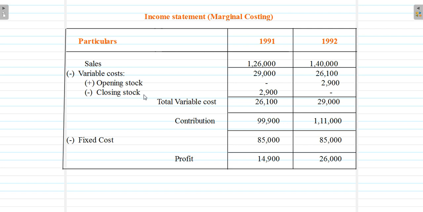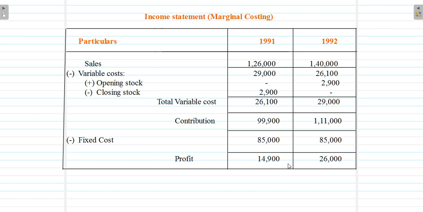Since it is only variable cost, we are determining the opening stock value as 1000 into 2.9. We are not taking the 8.5 into account because it is fixed cost. So we determine the total variable cost, and the total variable cost is deducted from the sales to arrive at contribution. Once you determine the contribution, you deduct the fixed cost, which is 85,000 for each year, and you arrive at the profit.